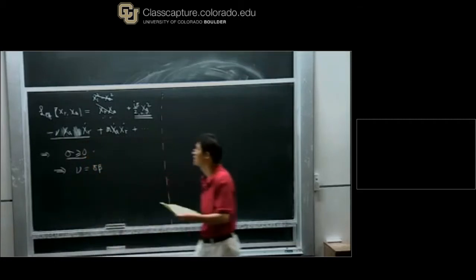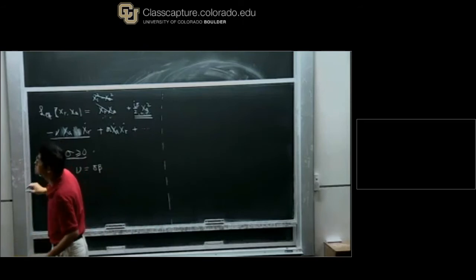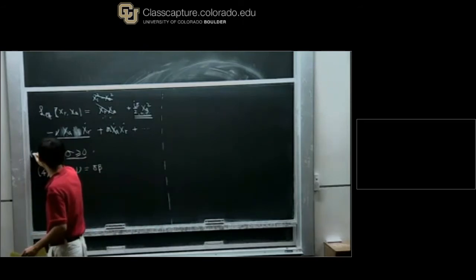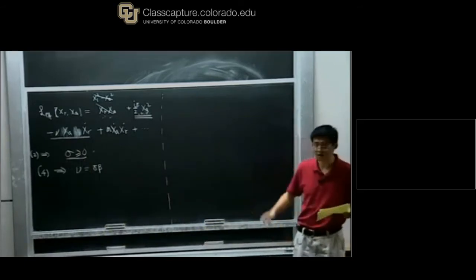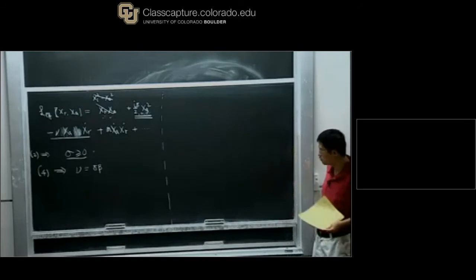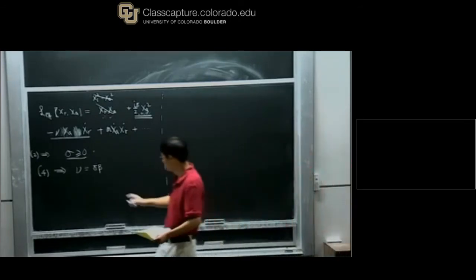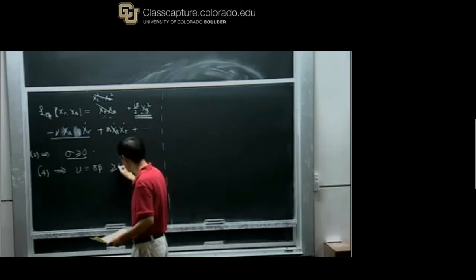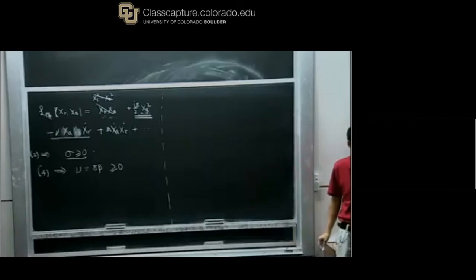So this is from 4, and this is from 2. And 4 tells you, it's a simple exercise, that nu has to be related to sigma times beta. And that tells you that nu should also be greater or equal to 0.